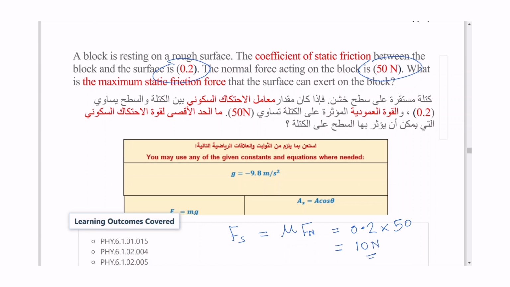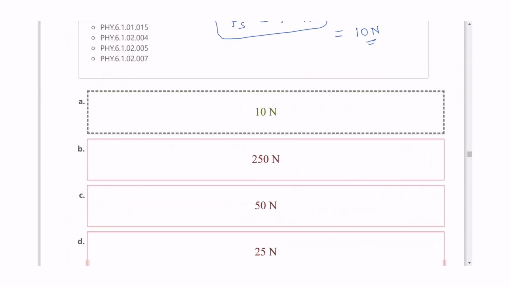That is the maximum value of the static friction. 0.2 multiplied by 50 equals 10 Newton. Newton is the unit of force. To calculate any type of friction, the equation is coefficient of friction multiplied by normal force. So 10 Newton is our answer.